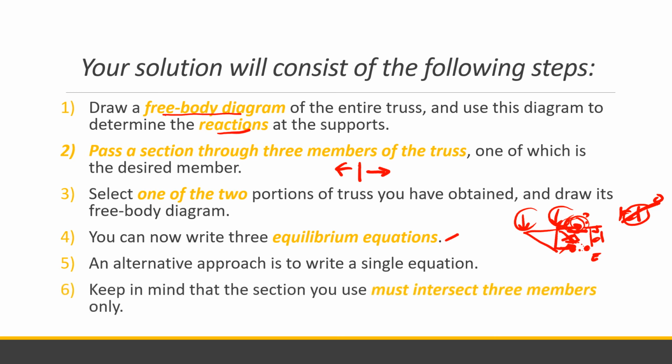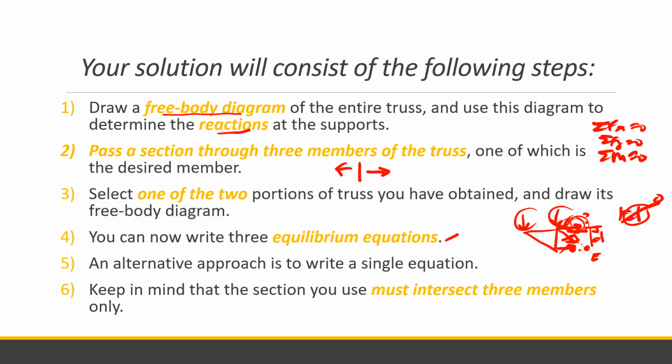And next, keep in mind that the section you use must intersect 3 members only. Since you only have three equations, summation of forces x equals 0, summation of forces y equals 0, summation of moment equals 0, dapat yung maximum unknown din natin should be tatlo lang din.